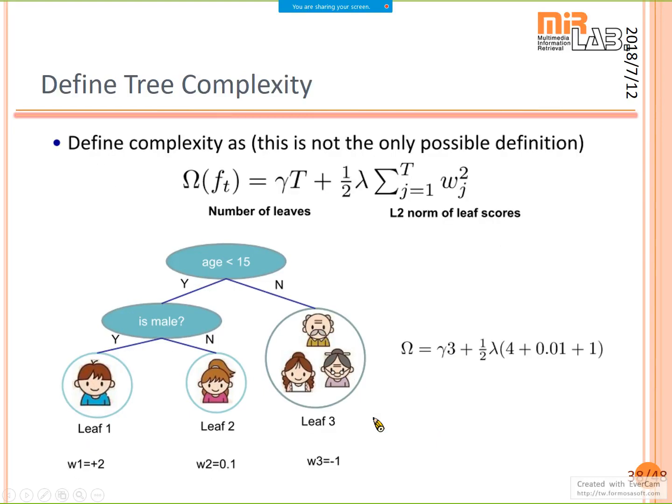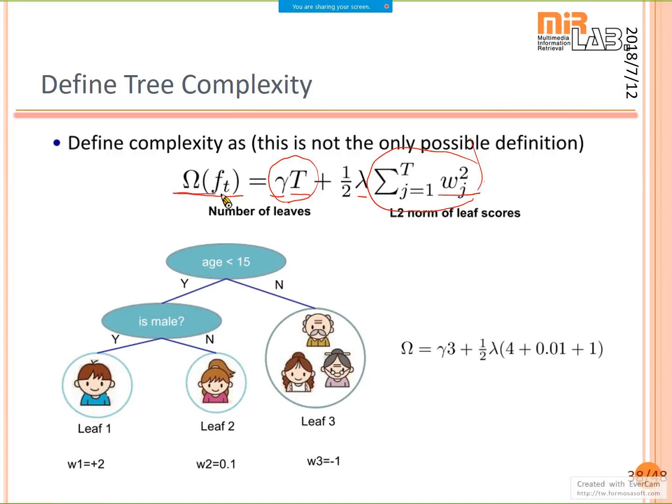Then we can define the tree complexity. One easy way to do this: given a tree like this, omega of this tree is equal to gamma times the number of leaves plus 0.5 times lambda times the sum of the squared weights, or squared scores. So we are putting a penalty on the number of leaves, and a penalty on the magnitude of w.